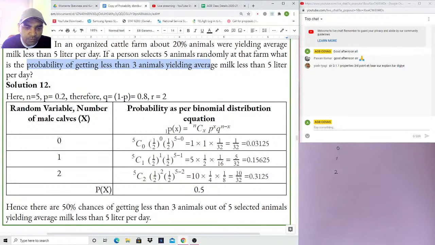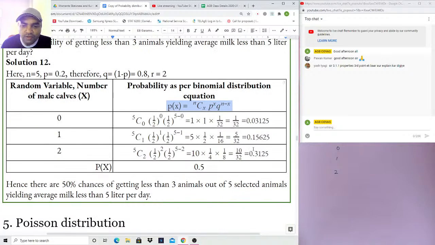So when we put these values in this, you will get these probabilities. This is equal to, and you sum them up, so it comes out to be 0.5. Hence, there is a 50% chance of getting less than 3 animals out of 5 selected animals yielding average milk less than 5 liters a day.